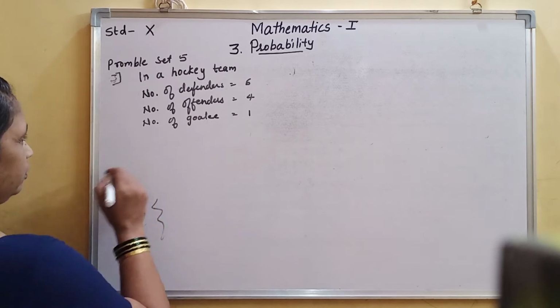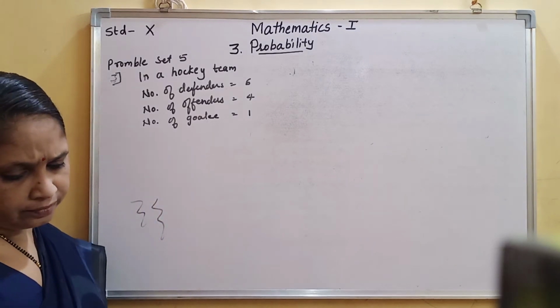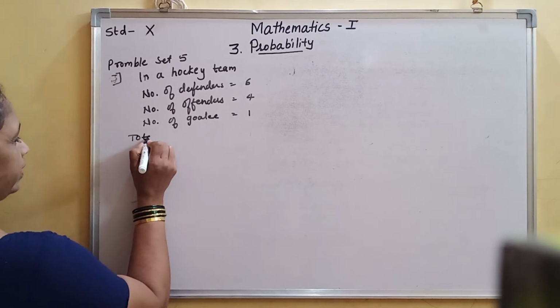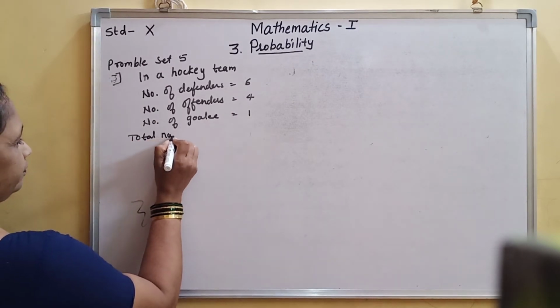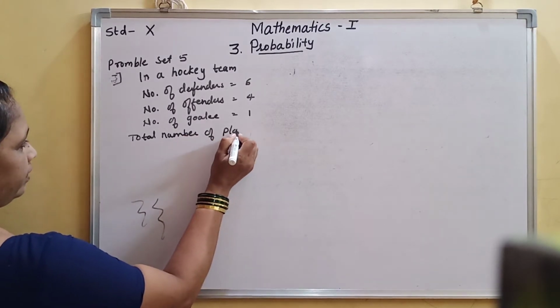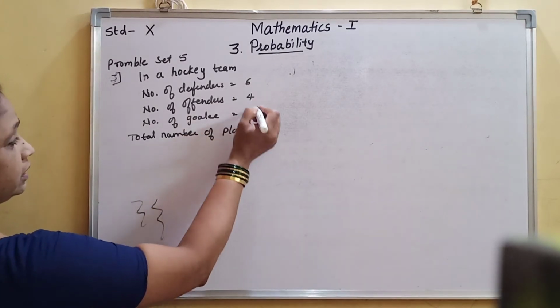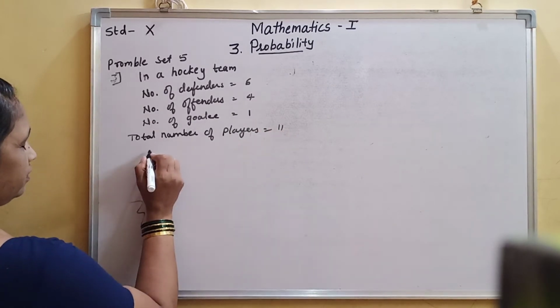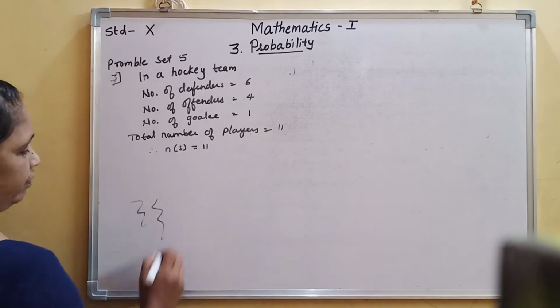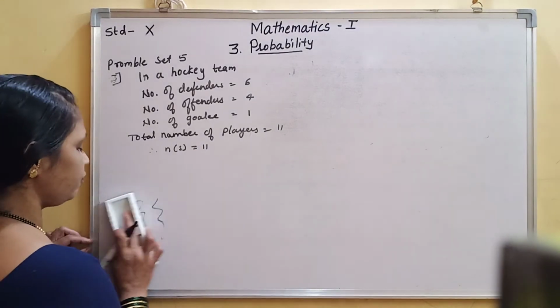Now here we will write total number of players. How many has it become? 11. Therefore n of S is equal to 11.